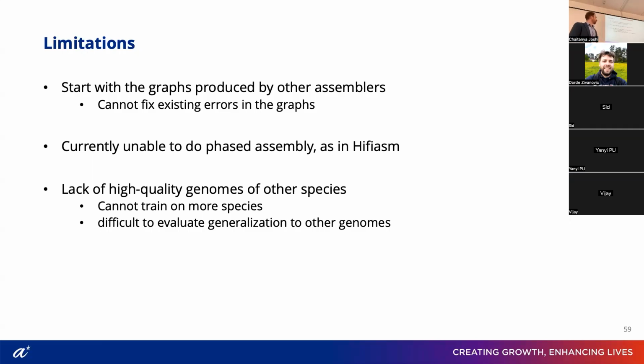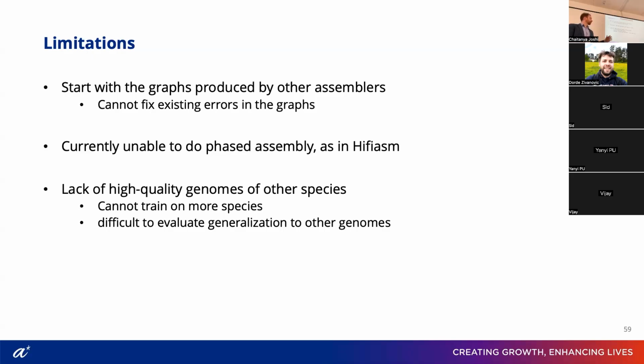The second one is that we are currently unable to do phased assembly in any way, whereas HiFiasm can do that fairly well. It can just on its own produce phased assemblies, meaning two split haploids to a certain extent. But if you provide additional data, such as parental data or Hi-C data, it works even better, which our method cannot do yet.